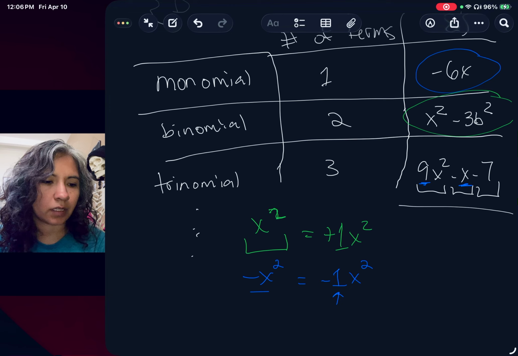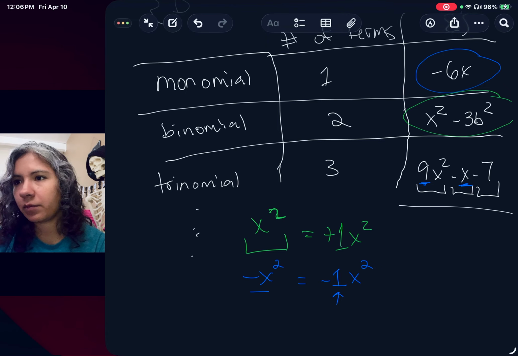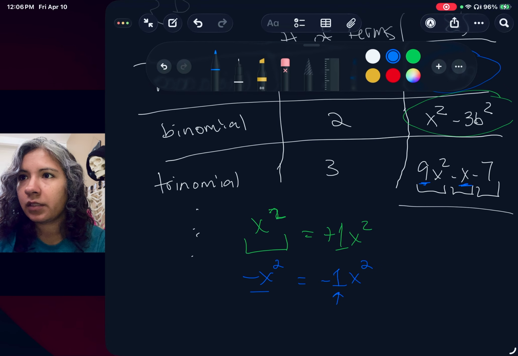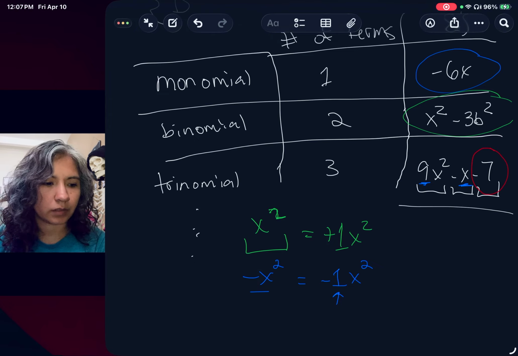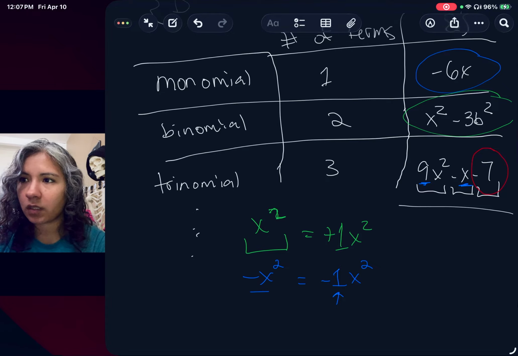So not everything needs to have a variable or a letter, like this last one here, right? It's just -7. So that number is constant. It's called a constant because it never changes.